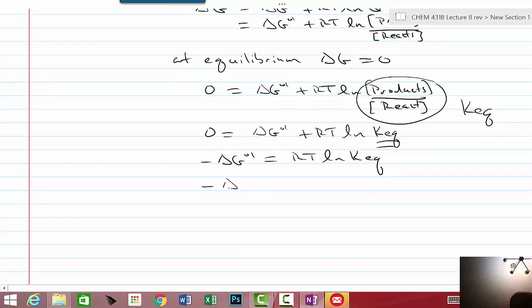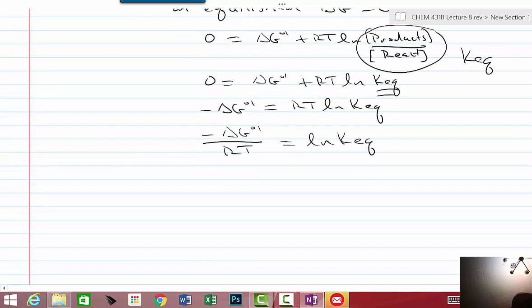And then I divide both sides of the equation by RT. That equals the natural log of K equilibrium. And then in order to get rid of this natural log in the mathematical equation, I just need to take the power of the base of e. And so that's going to be e to the minus delta G under standard conditions divided by RT is going to be equal to K equilibrium. And we know all these values.